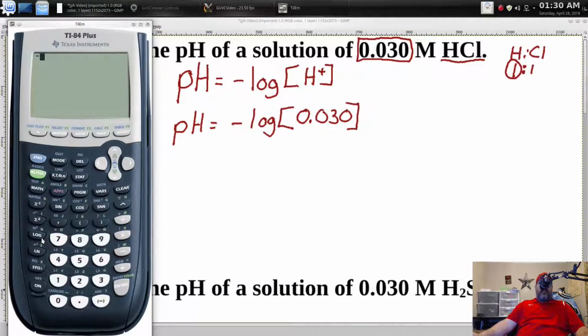Next, you need to find the log button, and on the TI-84 Plus, it's right next to the number 7. So click on log, then 0.030, and we'll close the parentheses. After that, we'll press enter, and we end up getting this number.